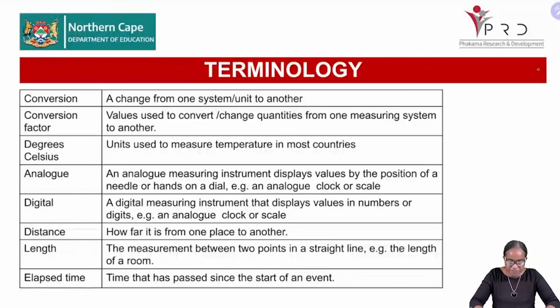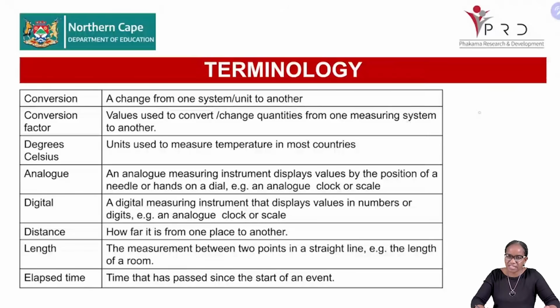A conversion factor: these are values used to convert quantities or changes from one measuring system to another. When you are changing from centimeters to meters, from grams to kilograms, or from any other system of measuring to another, that is a conversion factor.